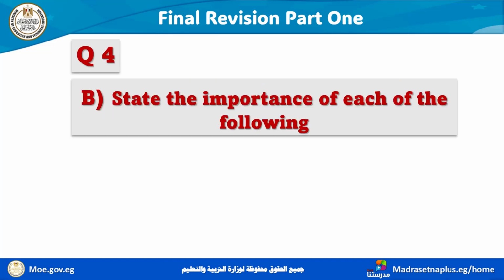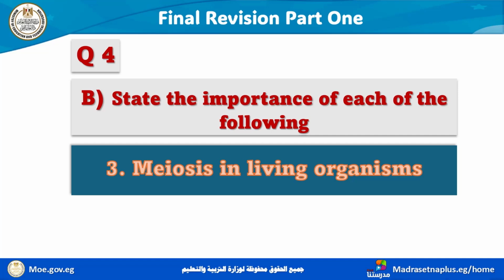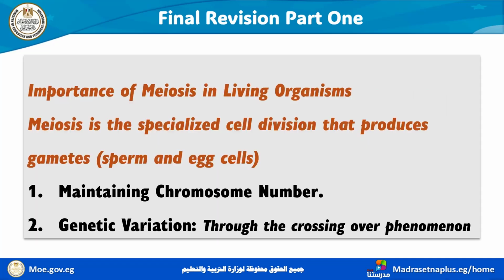State the importance of each of the following. Number 3. Meiosis in living organisms. Importance of meiosis in living organisms. Meiosis is the specialized cell division that produces gametes like sperms and egg cells.